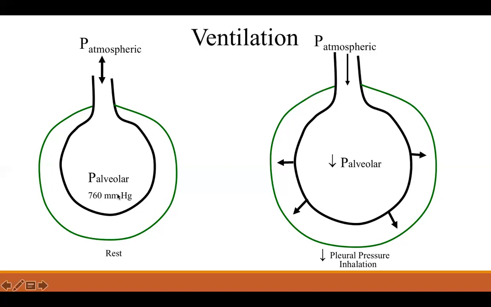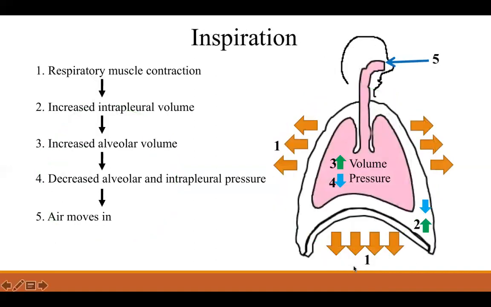So it's not 760. It's left to your imagination here. So we could call it negative 2. And that's when the air from the outside would move into the lungs. So this is inspiration. Okay, it says here, drop in pleural pressure, drop in alveolar pressure, and that allows inspiration or inhalation. And the opposite is true for expiration.